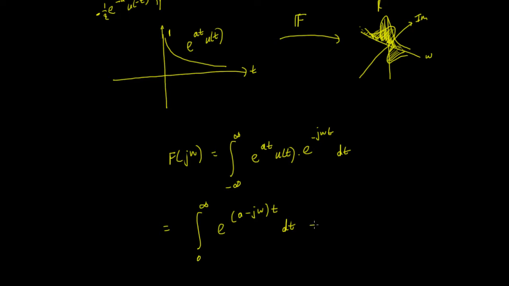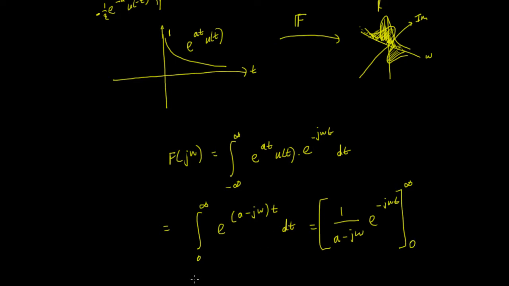So that's going to give us, integrating with respect to t, 1 upon a minus j omega times e to the a minus j omega t, all evaluated from infinity to 0.